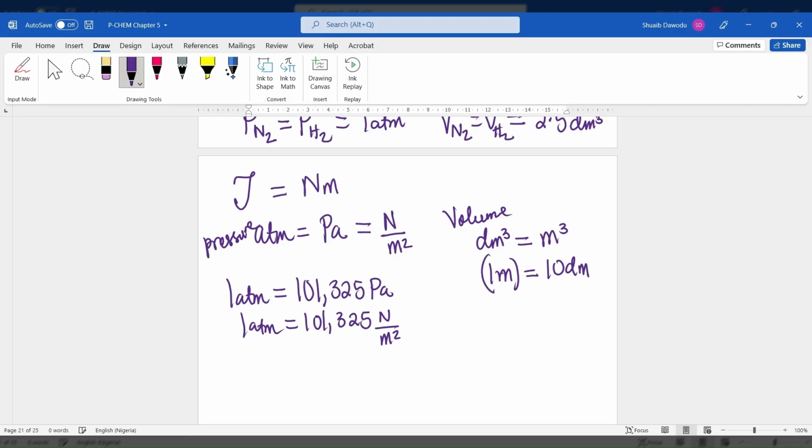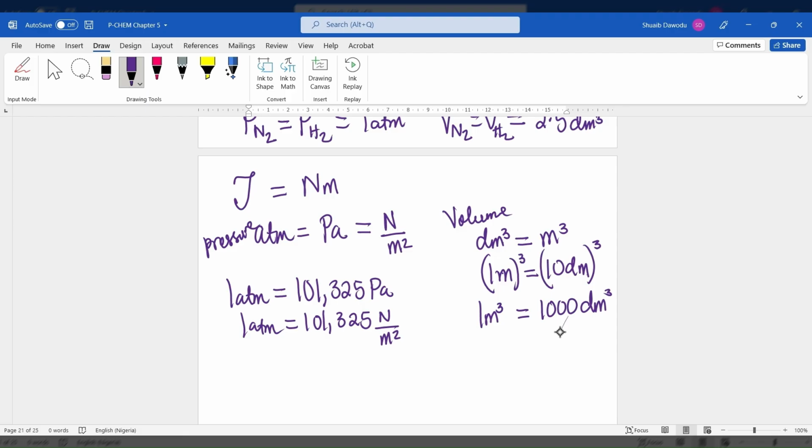So 1 meter cube, that's 1 times 1 times 1, will be 1 meter cube, and meter times meter times meter is meter cube. So that's the left side. And then we can also cube 10 decimeter. So 10 times 10 times 10 is 1,000. Decimeter times decimeter times decimeter is decimeter cube. So that's basically what this is.